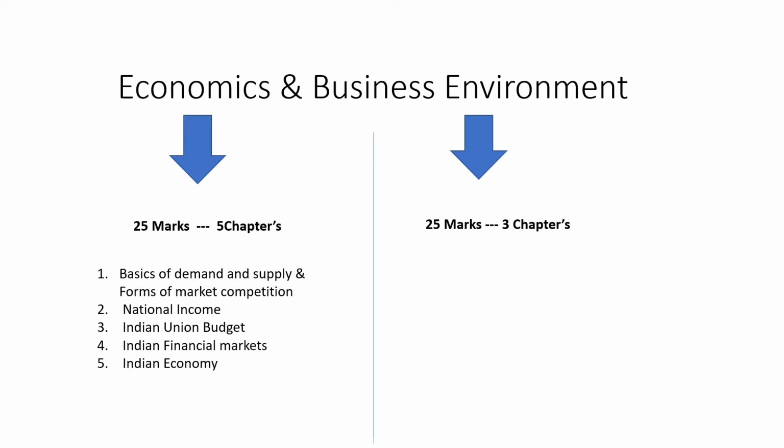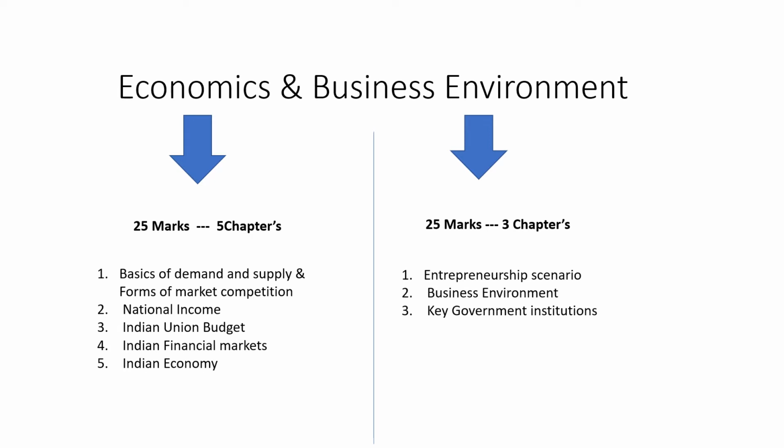So the national income, I think it is a new syllabus chapter for you. Even the Indian Union budget, I think you have studied this in your school level, maybe in PU2. And the fourth one is Indian financial market. You will be dealing about the various financial market banks. And the fifth one is Indian economy.